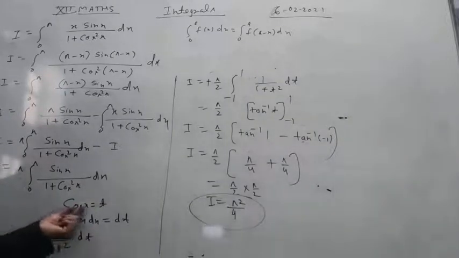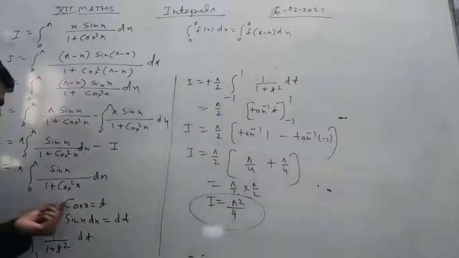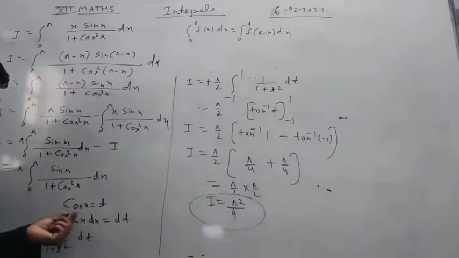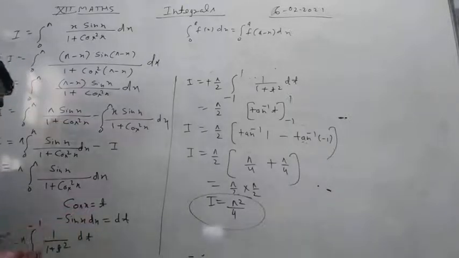We change the limit: when we take x is 0, cos 0 is 1, and when x is pi, we get minus 1, so our limit is from minus 1 to 1.